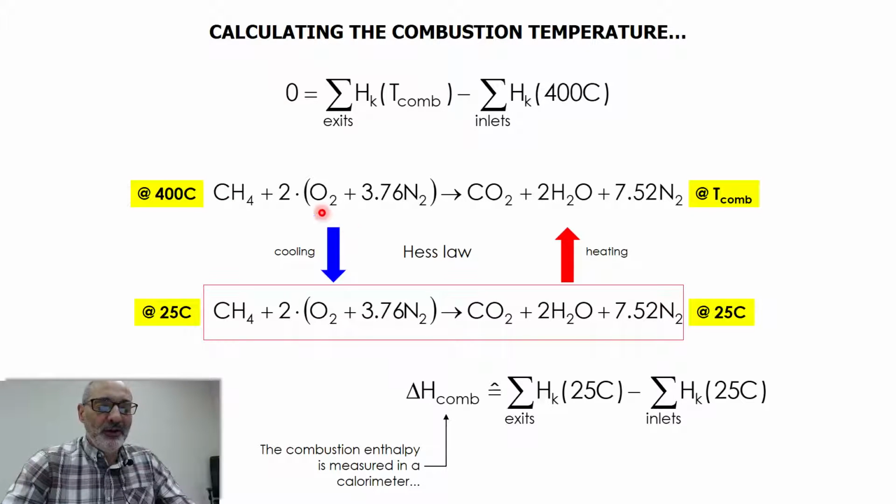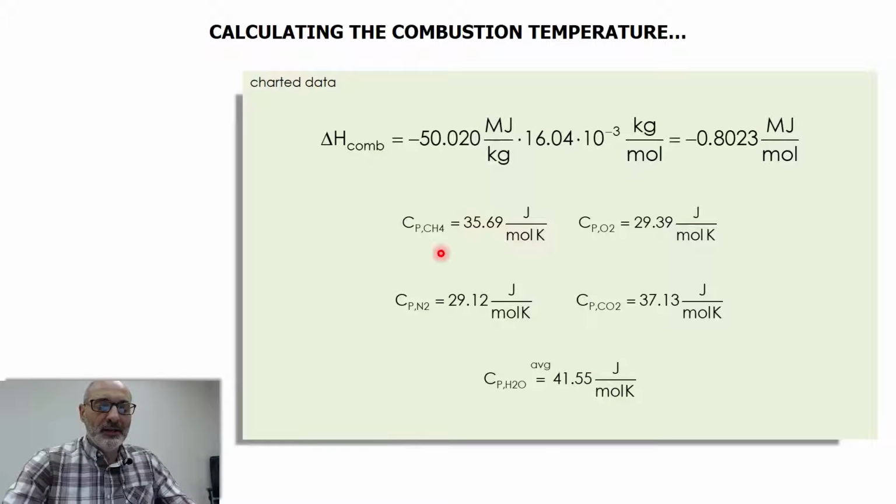We need the specific heat of oxygen, and so on and so forth. So the data is here. That's the specific heat at constant pressure of methane, 35.69 joules per mole Kelvin. The same data for oxygen, for nitrogen, CO2, and H2O.